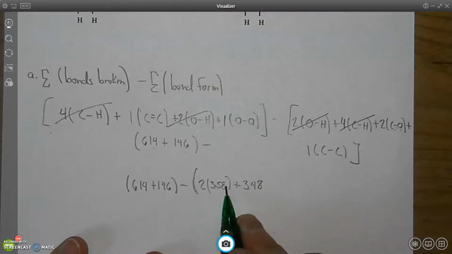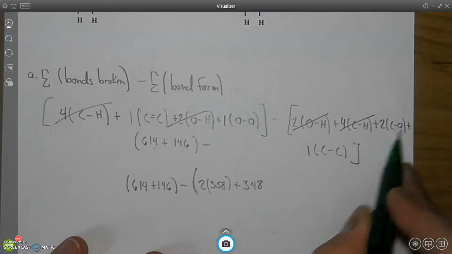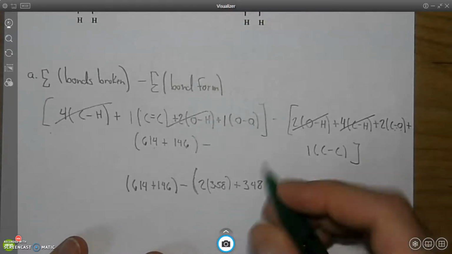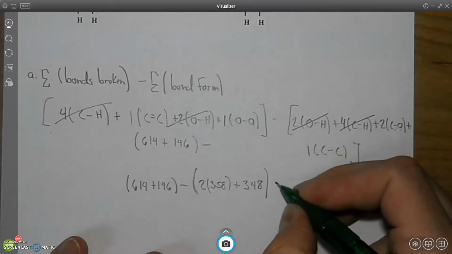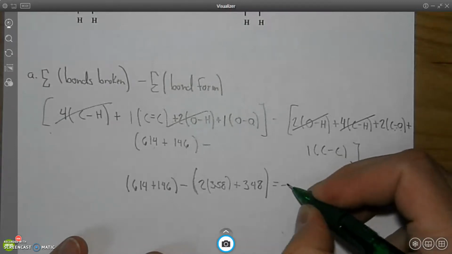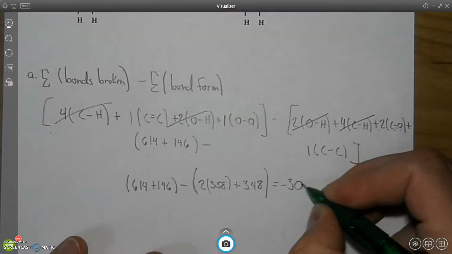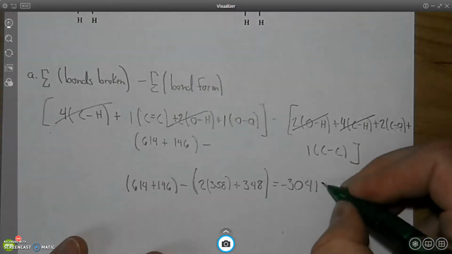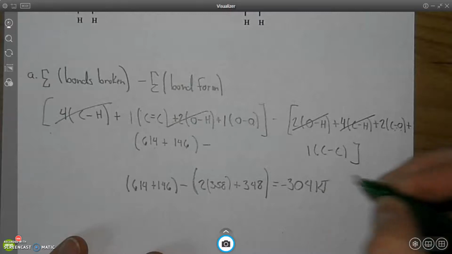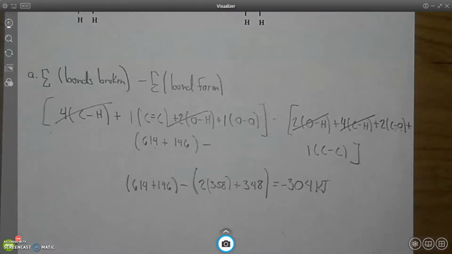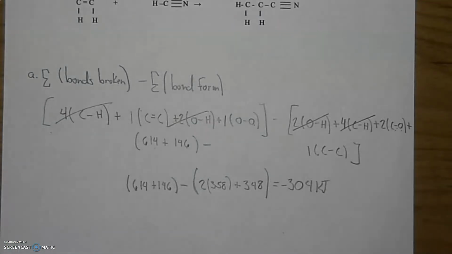So 2 times 358 for the carbon oxygens, and 1 times 348. And if we add all of this up, we end up with negative 304 total. And again, those are kilojoules for that total of the process.